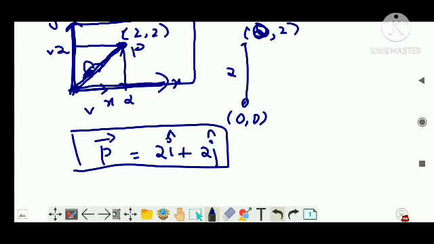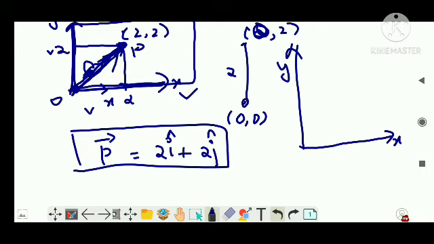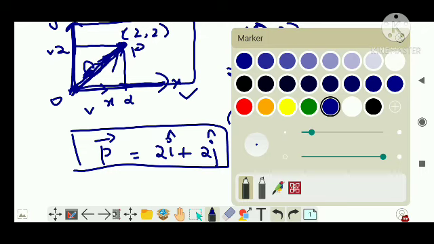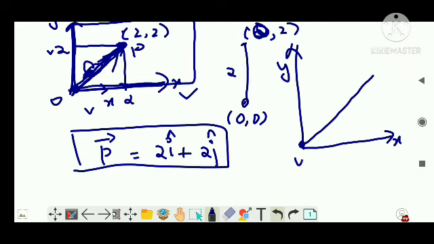Clear? So this representation which we did, let's say this is O, this O to P is a motion, right? So similarly I am writing here, this is x-axis, y-axis, right? So when an object's position is mentioned like this, it is moving from the origin and reached the position P, then this vector which I have currently drawn is called the position vector, and it is represented by r.